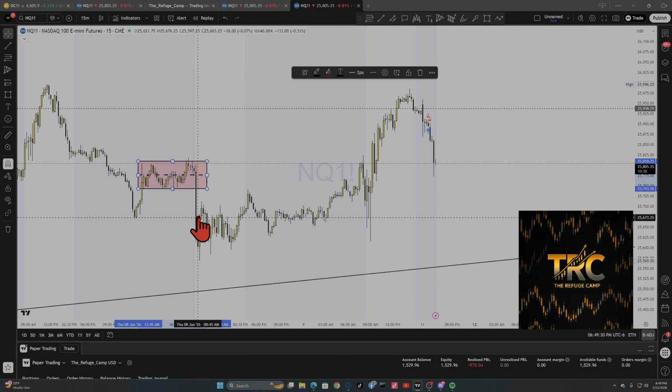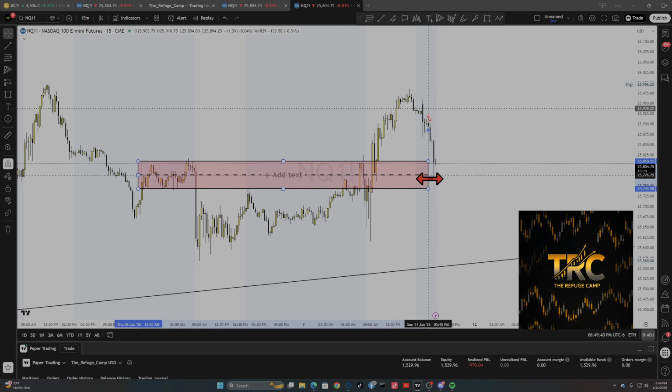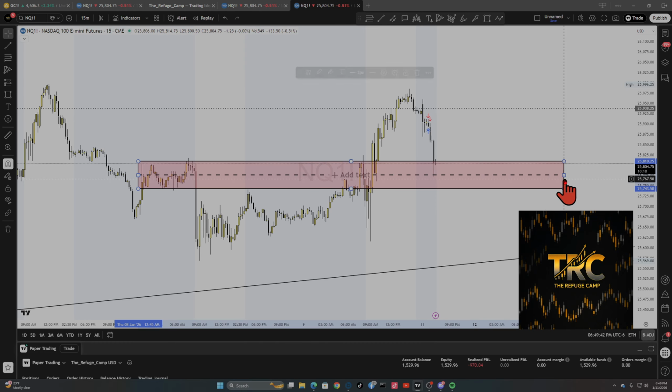And I would call that distribution because it dropped significantly lower than a manipulation needs to. And now the highest likelihood is price is going to return back to this fair value zone where it found neutrality. Price was neither discount nor premium in this zone. This is where price likes to relax until it's given a motive to go one way or the other.